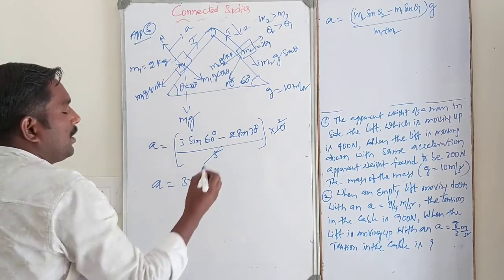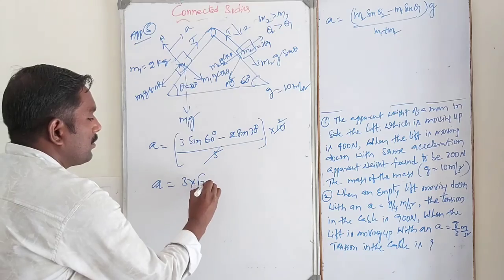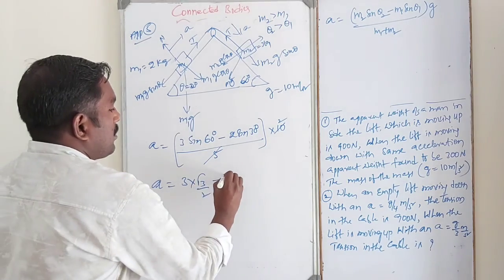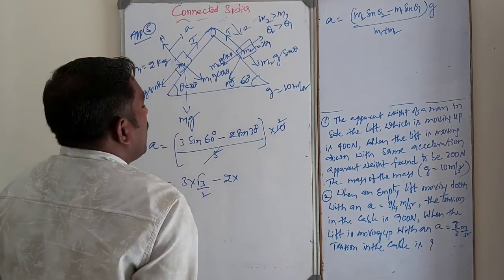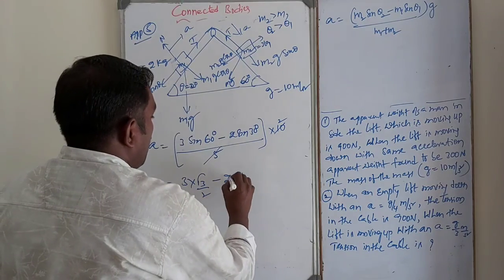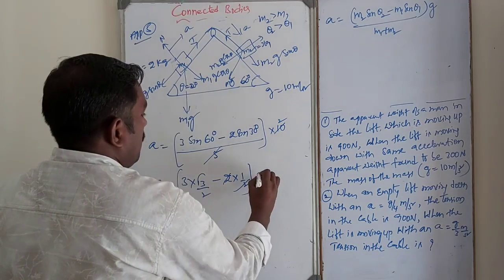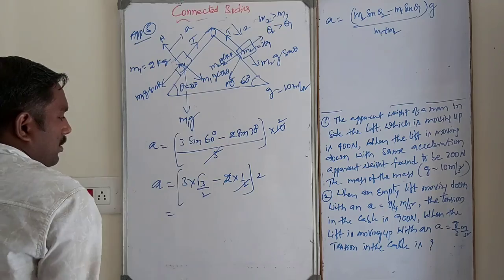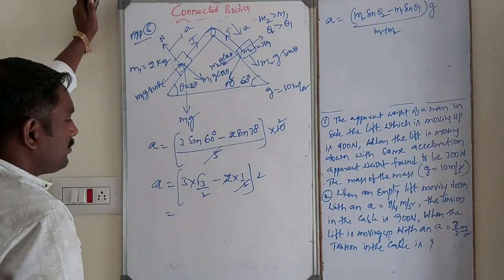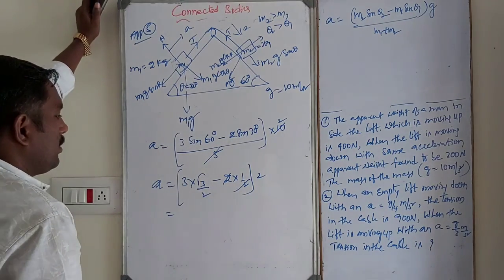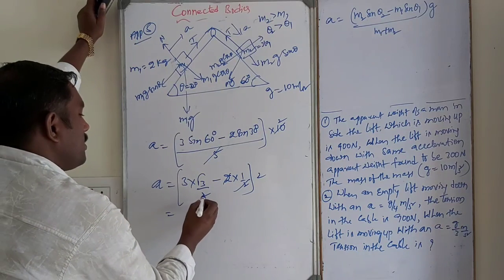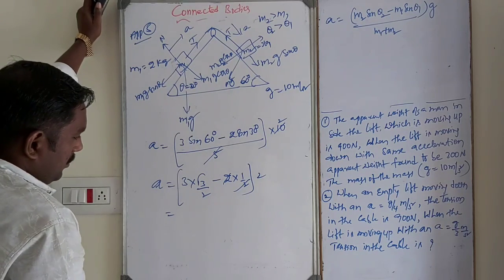A is equal to what? 3 into sin 60, root 3 by 2, minus 2 into sin 30, 1 by 2. Cancel into 2. So simply this is root 3 by 2.